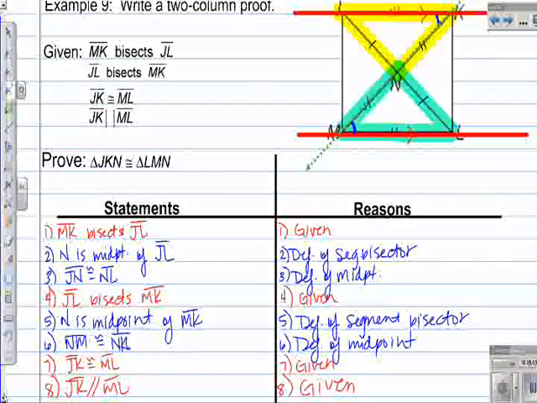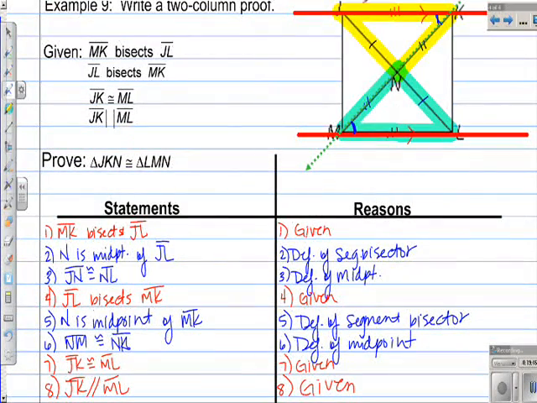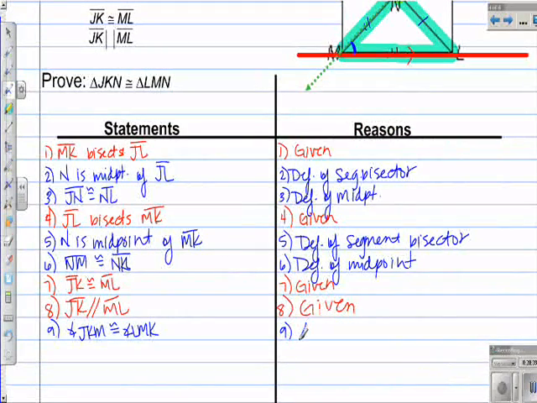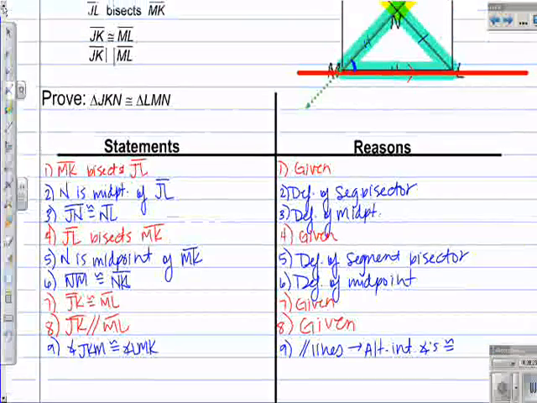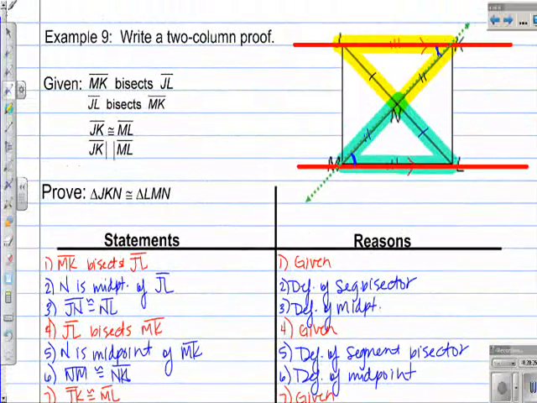So our next statement is we can come down here and say angle JKM is congruent to angle LMK, because parallel lines imply alternate interior angles congruent. Okay, now from here, let's come back up to our picture. We still have the same parallel lines, but what if we moved our transversal and let JL be the transversal?